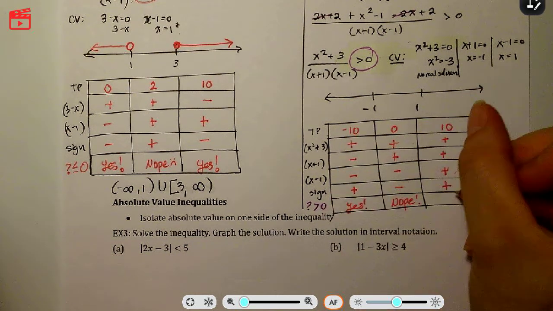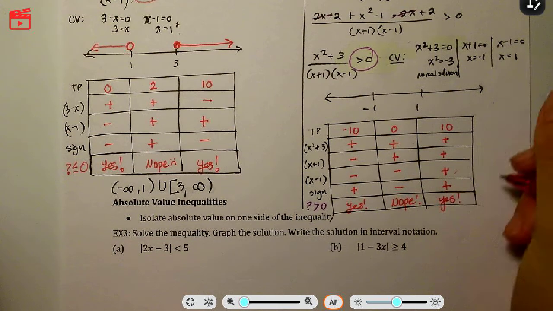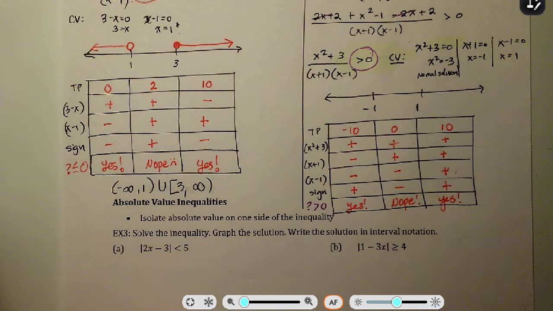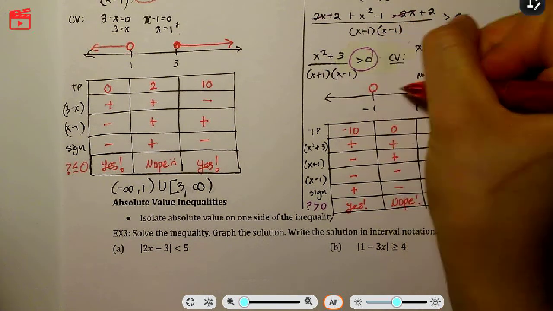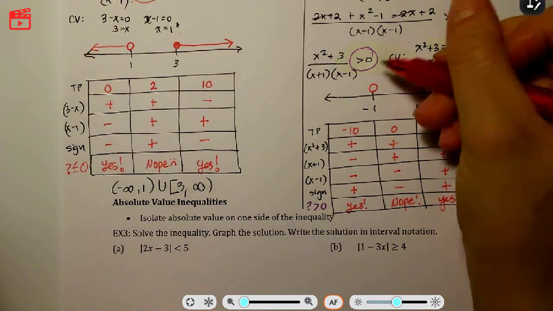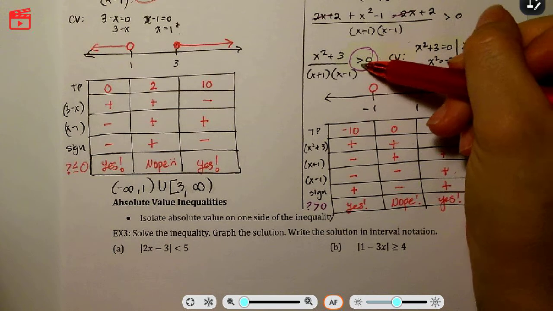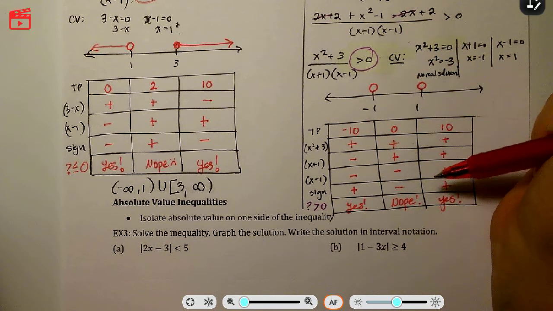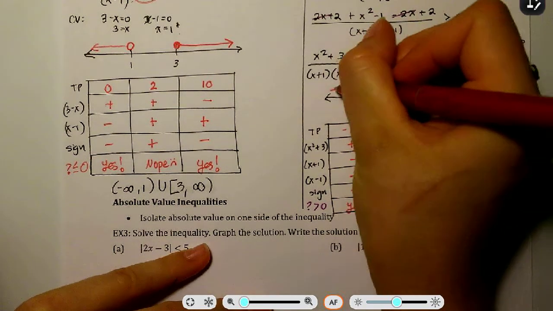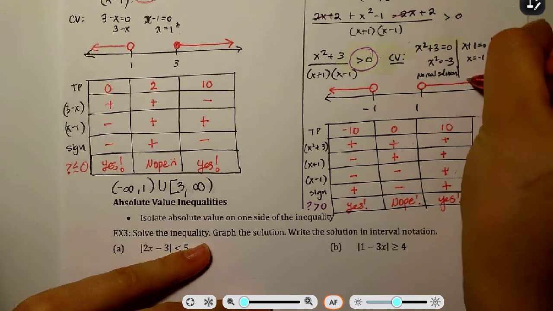So is this greater than 0? Yes. Okay, let's go ahead and fill in the intervals. Do I include and bubble in these? Well, this says not equal to, so I'm not going to fill those in. And then let's fill in where my interval said yes. And there we go.